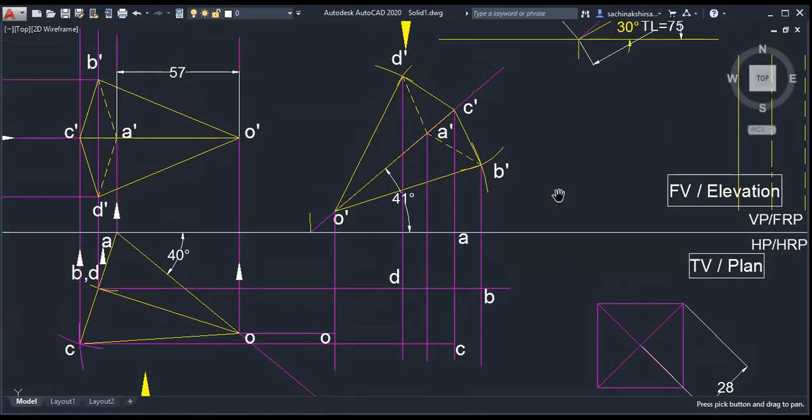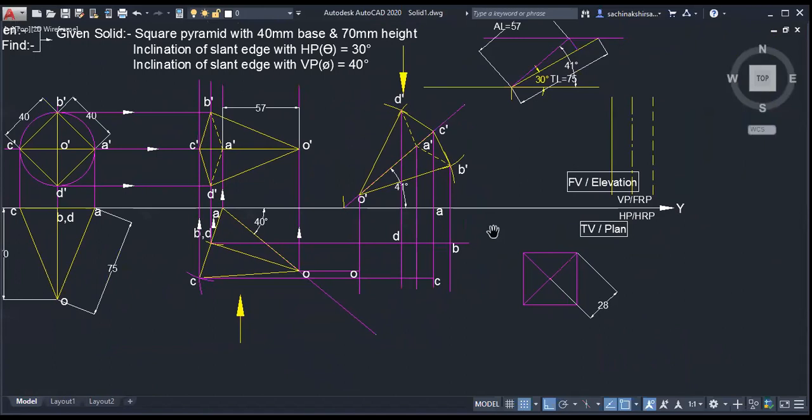So very carefully you have to see what I am telling now. While joining, to complete this top view in third stage, what is our rule? Which point we have to target first? The point most away from the observer. Which is the most away point from the observer?